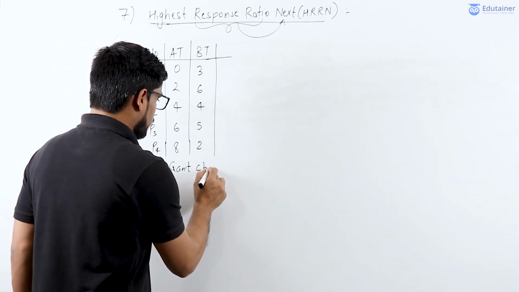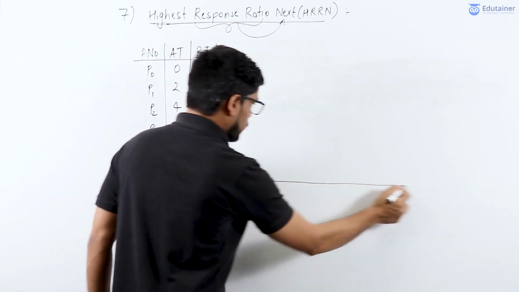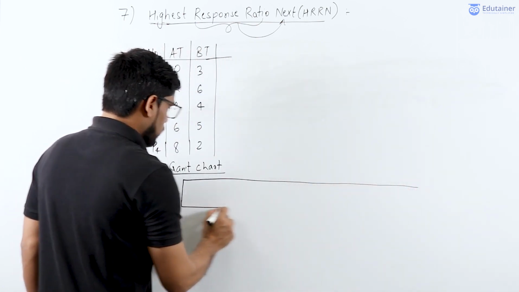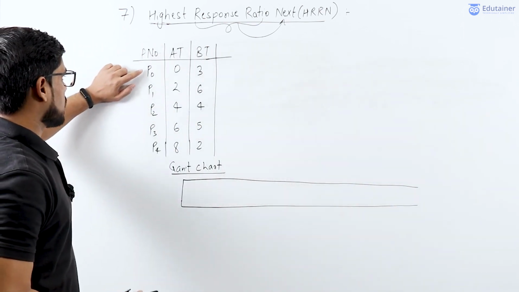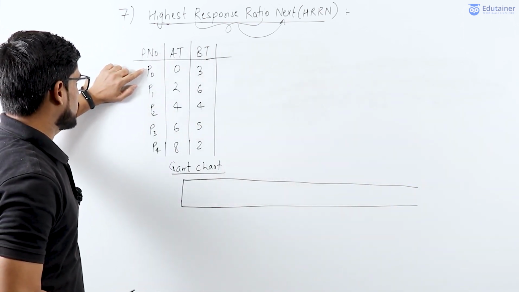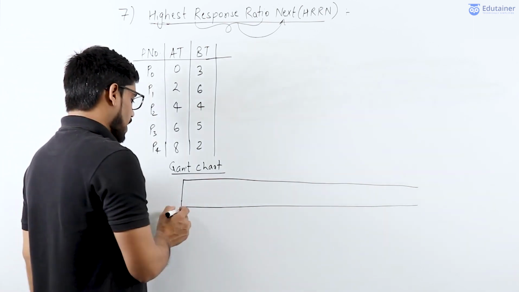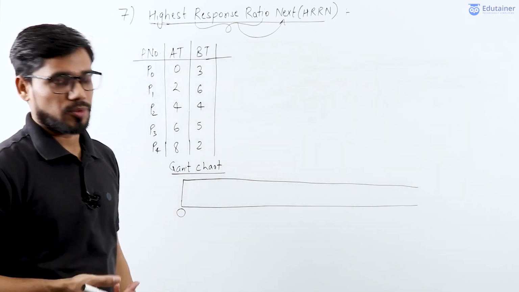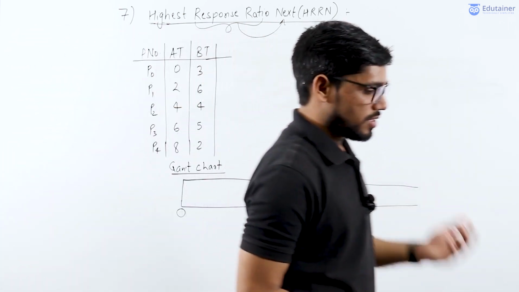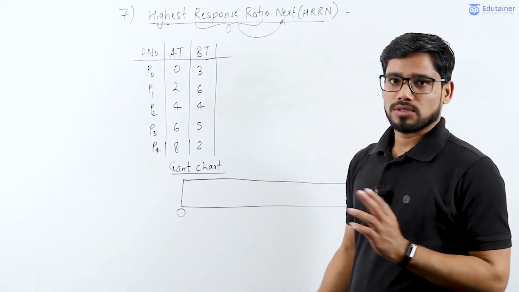So the Gantt chart will be, at time 0, how many processes are available? Only one process is available, which is P0. At the start, there is no need to find the response ratio.